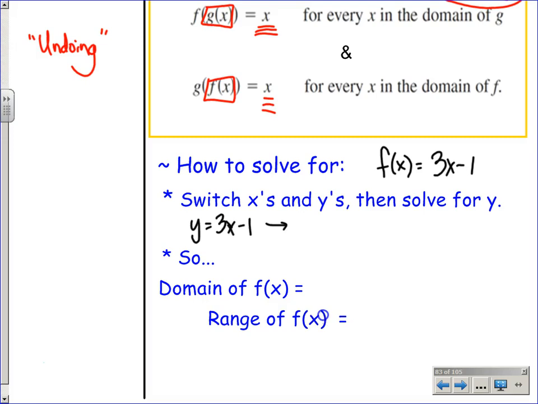And then where would you go? Inverse. Switch the x and the y. Solve for y. Pause. When you get y equal to x plus 1 over 3, one quick note: don't name it y. That's the original. Name it f inverse of x. Bye. Whew. That was a little rough.